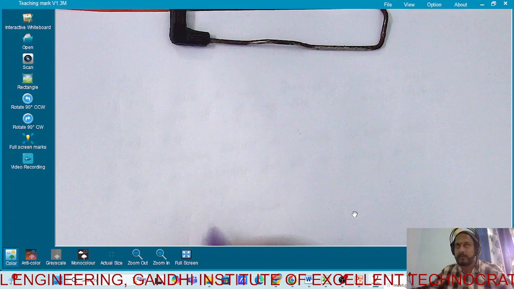Now my question is, what is the horizontal component from this diagram? Let me take this diagram. What will be the horizontal component of velocity?